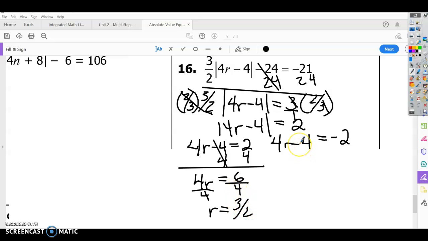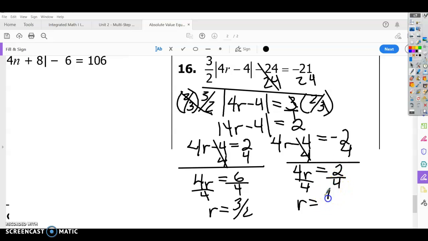All right, so here I'm going to add 4 to both sides. So negative 4 plus 4 cancels. Bring down my 4r. Negative 2 plus 4 is positive 2. Divide by 4. Again, I get a fraction. So 2 divided by 4 is 1/2. Both divisible by 2.